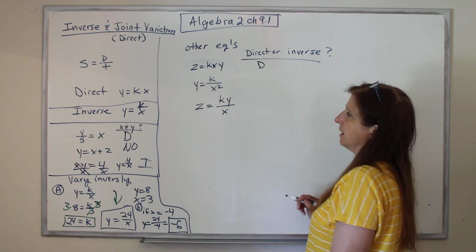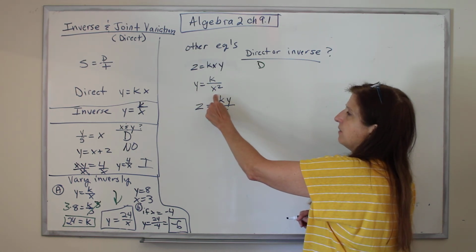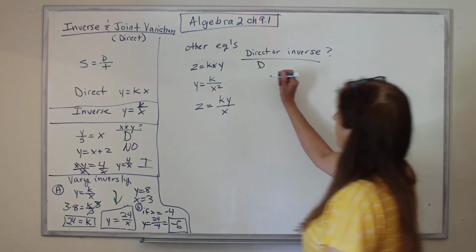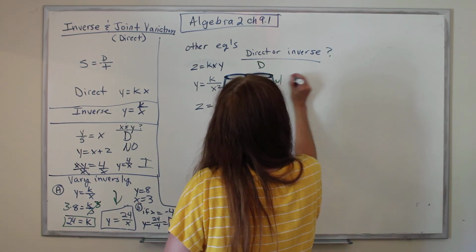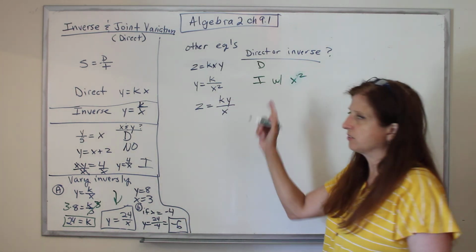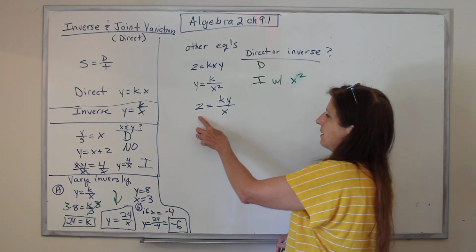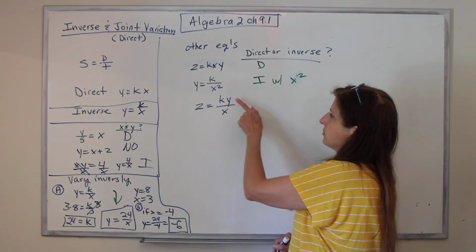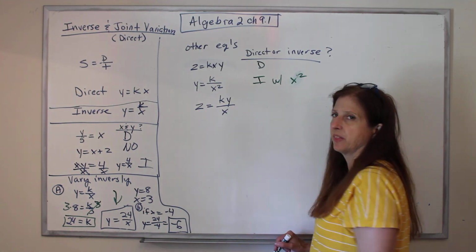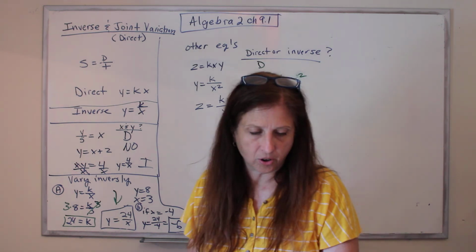Notice it's in denominator land, so Y varies inversely with the square of X. It doesn't really invert, so you have to include the squared. How about here? Z varies directly with Y, Z varies inversely with X. So in one problem you might have part inversely, part directly.